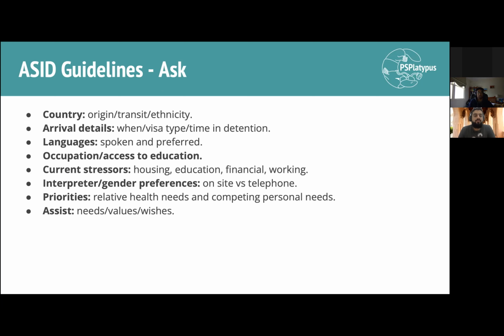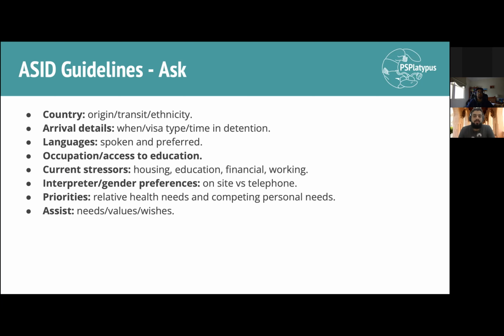You need to ask also about their occupation and access to education, and their current stresses, because usually these refugees have many problems. Either they can be physiological or psychological, like housing problems, education, financial, or working.